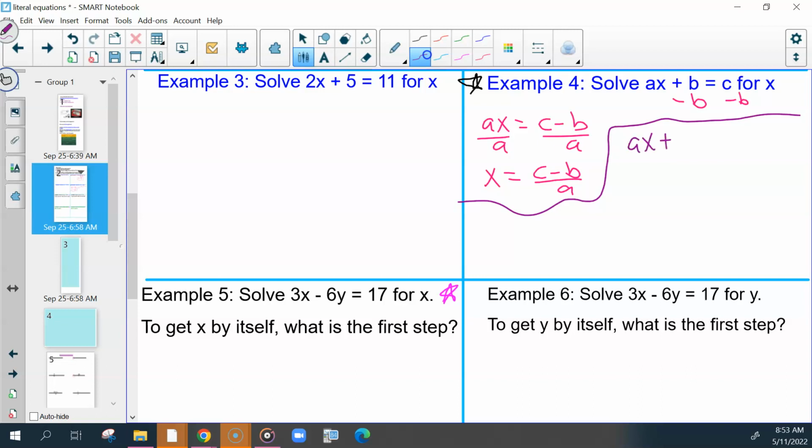So if I had to solve for b, I would move this to the other side, but it would just be c minus ax. So ax would be subtracted as one entire term. Kind of like when you're moving like terms, you're moving the entire term, that would be the same thing.